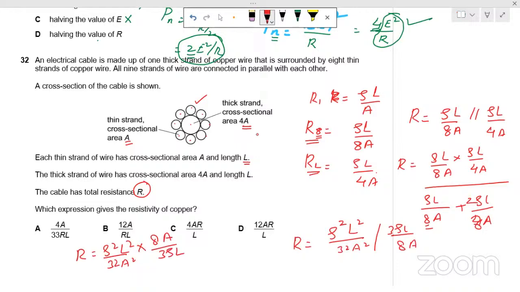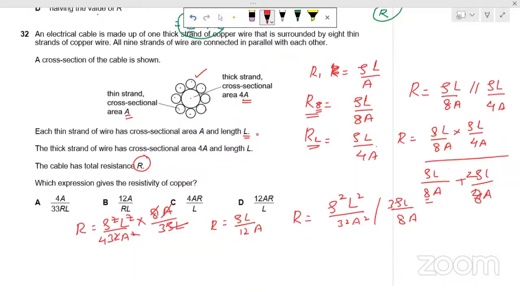Now you can simply cancel these things. So R is rho L by 12A.